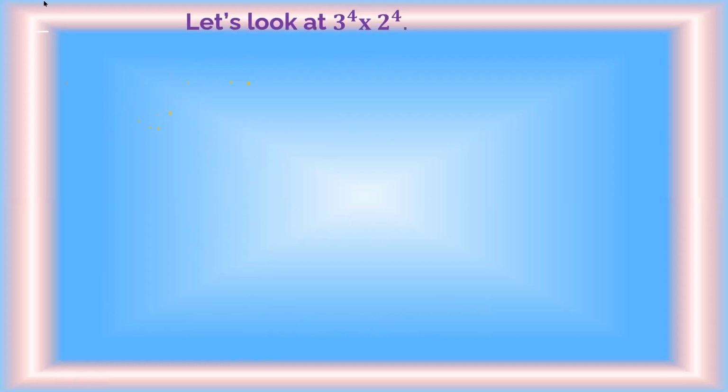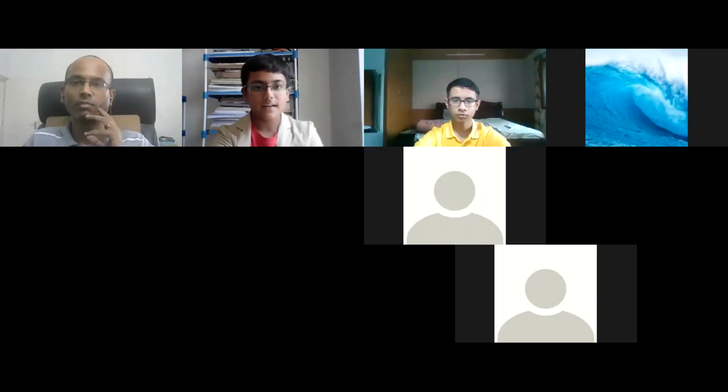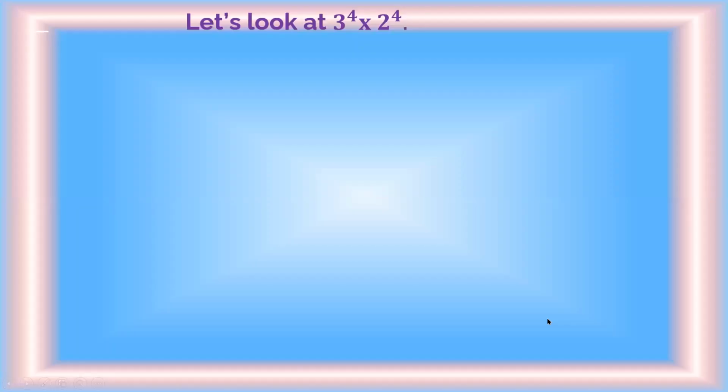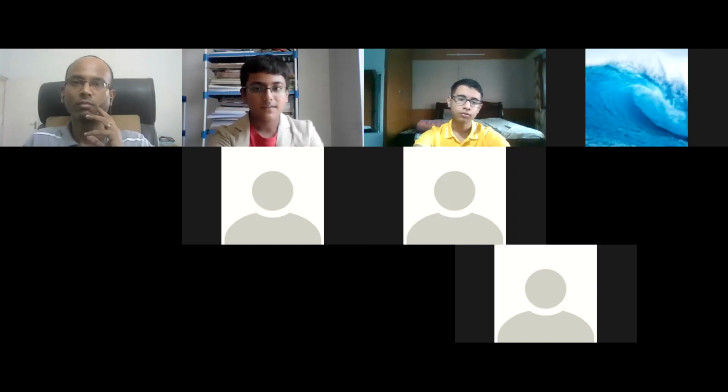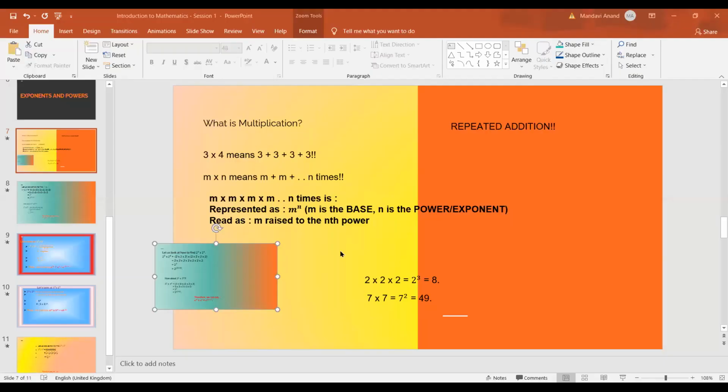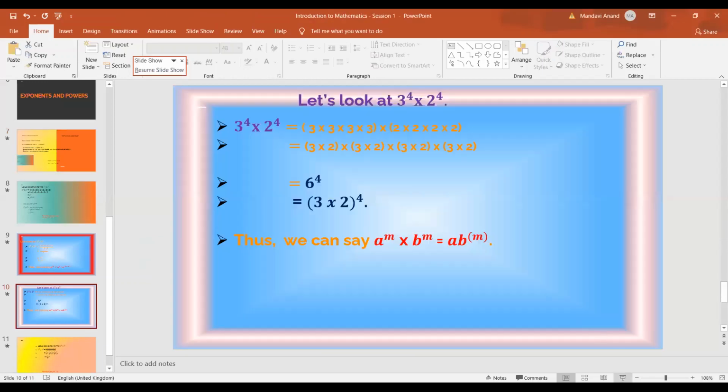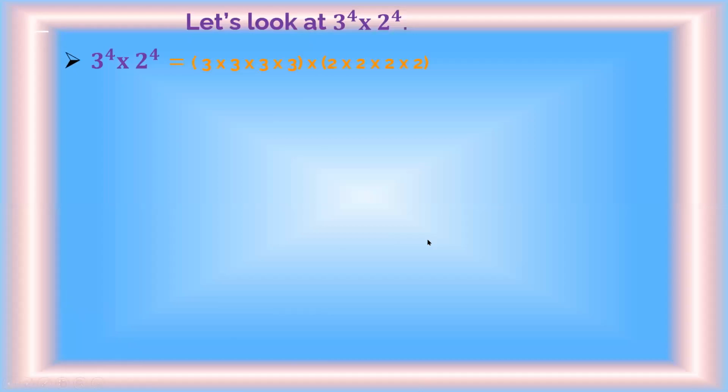Now let us look at 3 raised to 4 into 2 raised to 4. This is slightly different from the other cases, but we'll see. Can anyone tell me what is the similarity? What is same in this one? The powers are same. Yes, the powers are same. So 3 raised to 4 into 2 raised to 4 will be 3 into 3 into 3 into 3 multiplied by 2 into 2 into 2 into 2.